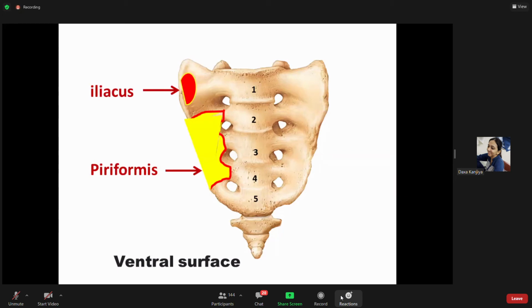What is the insertion of iliacus? So the insertion lies in the lower limb. It is inserted on the lesser trochanter along with the psoas major tendon.